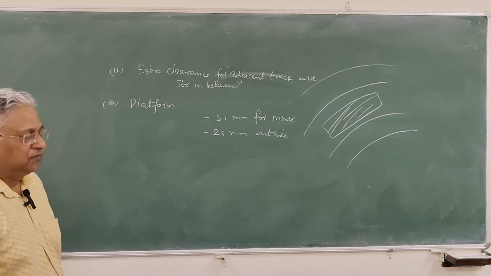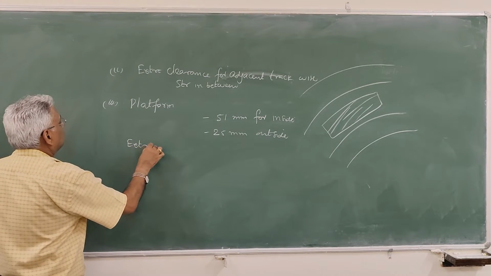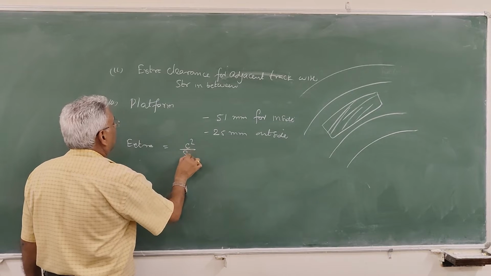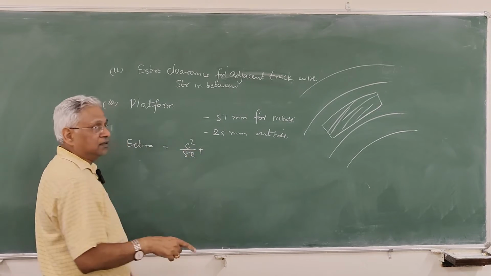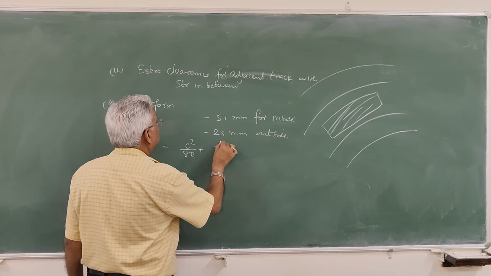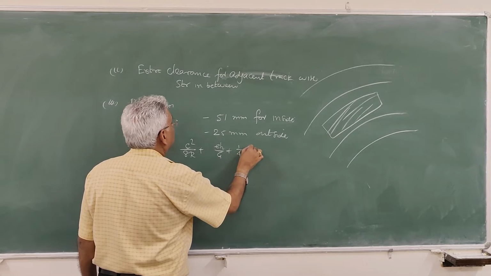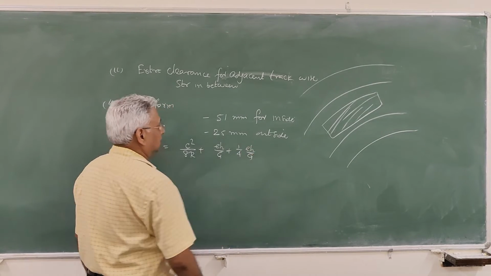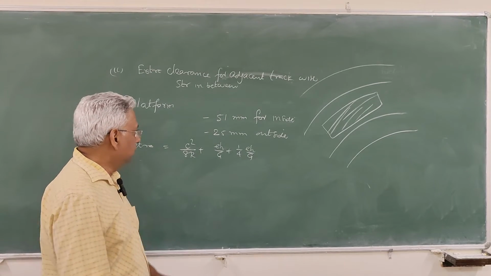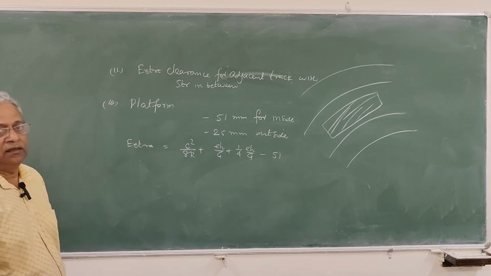What does it mean? It means that extra clearance inside of the curve will be C square upon 8R plus, because of superelevation, EH upon G plus 1/4 EH upon G, that is sway, minus 51 millimeter.